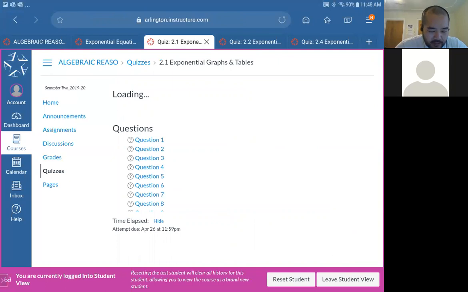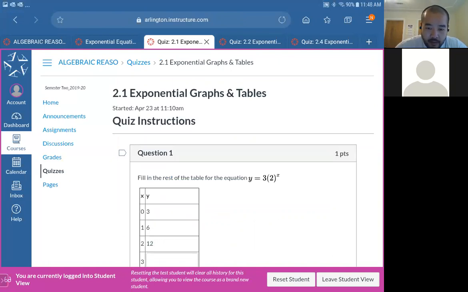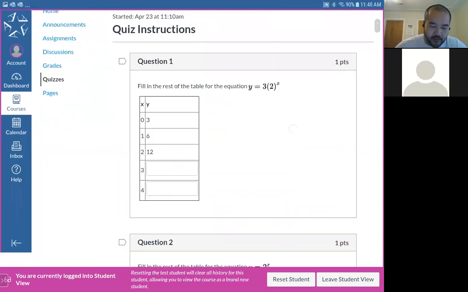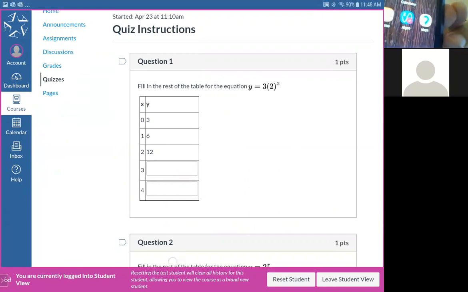The quizzes might be slightly different, what I have here compared to what you have, but you should be able to do them just the same. I use this calculator called Algeo, A-L-G-E-O. You can just use your stock calculator, it really doesn't matter.